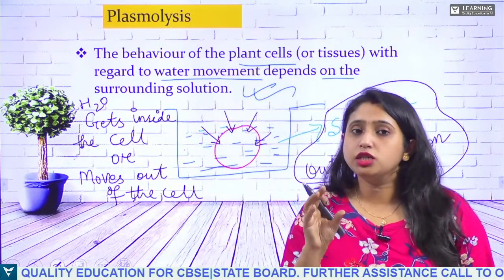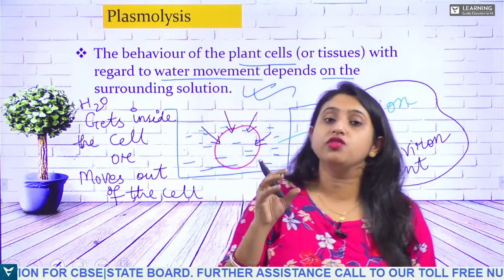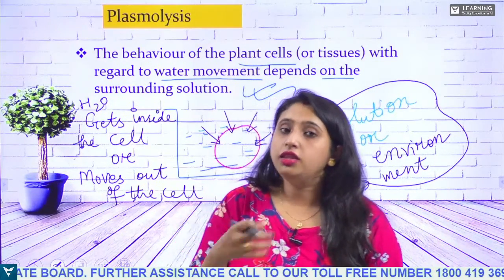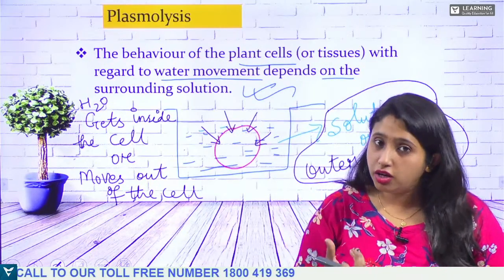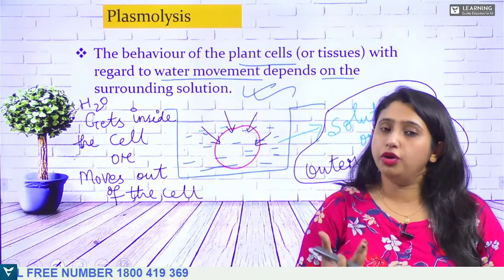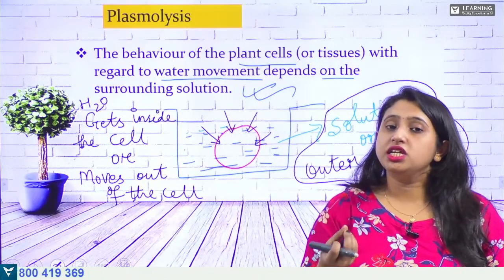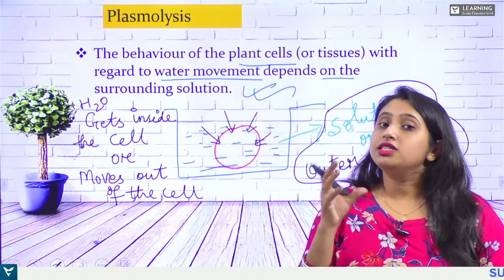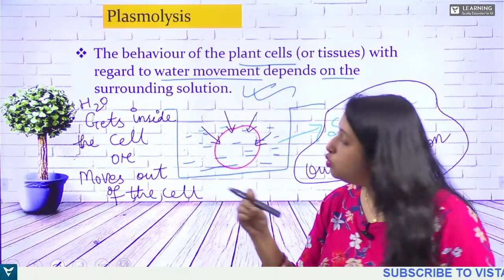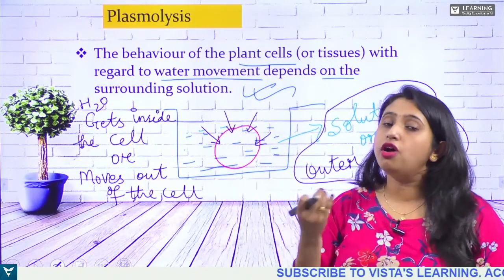If the cell is placed in a solution which has a higher concentration, then the cell will take in water from the outer environment and swell up. If the cell is placed in a solution which has a lower concentration, then the cell will shrink; the cell will lose water, the water will move out of the cell.